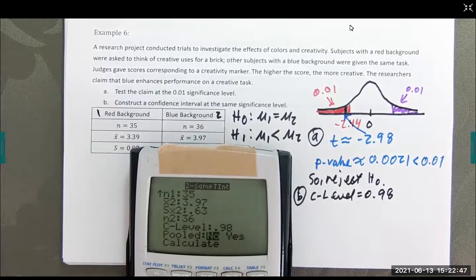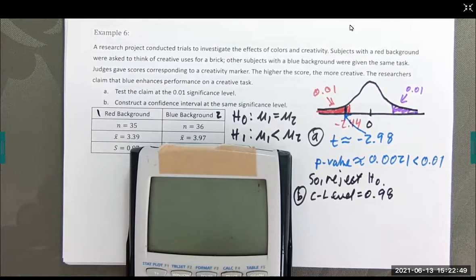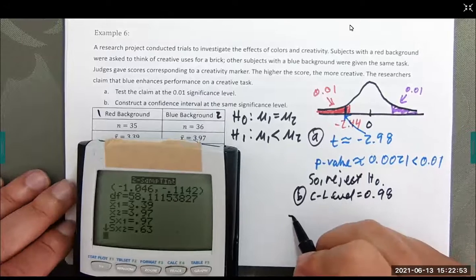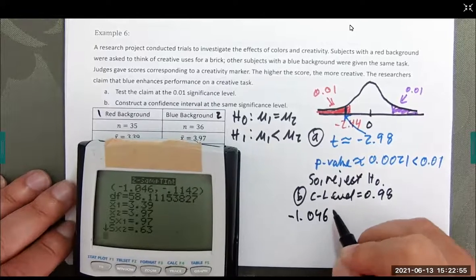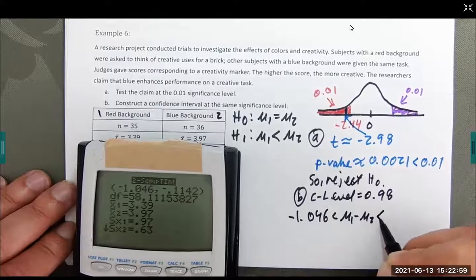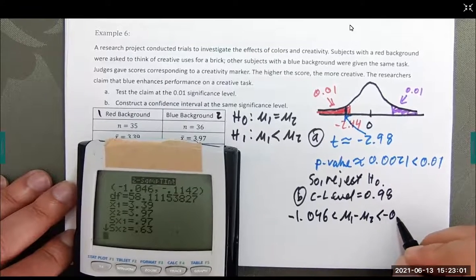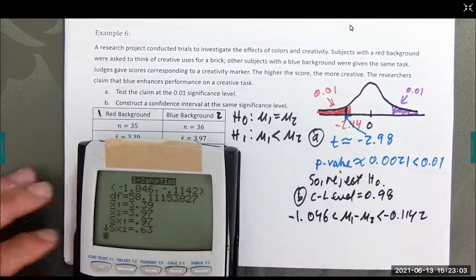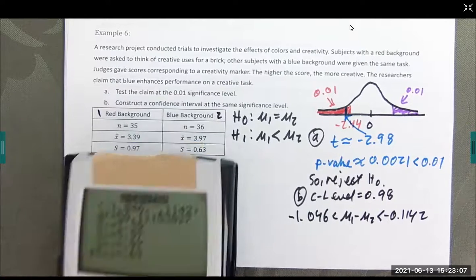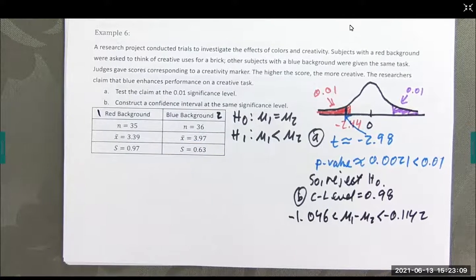And here we go. So -1.046 and -0.1142. And here's the problem, is that we went from negative to negative. Zero's not in there. So in this case, we will reject the null hypothesis also.